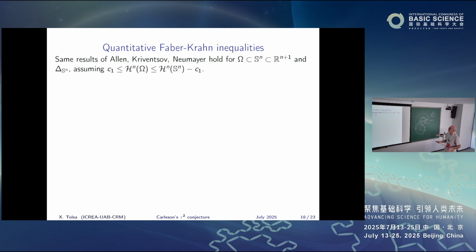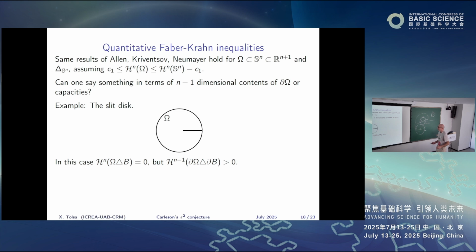Although one has to ask the domains not to be too degenerate, that is omega contained in the sphere, but not too small, not degenerating to a point or to the full sphere. Okay, and why is the result of Allen-Cribens of Neumayer interesting, for example? Consider this domain in the plane.